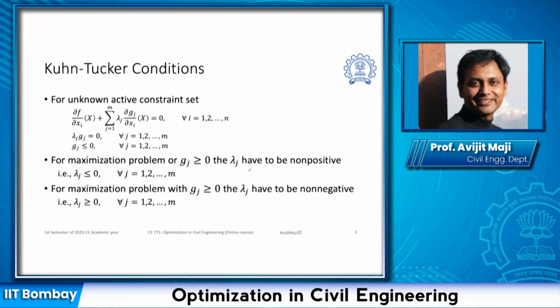So in this format, we are saying that if my active constraints are unknown, we can consider the complete set of constraints. So the partial derivative of the Lagrange function is going to yield this, where we are not differentiating between active or inactive constraints. So it includes both active plus inactive constraints.